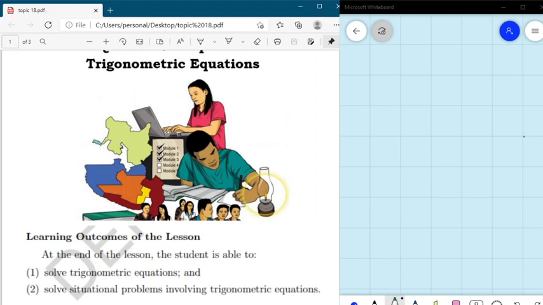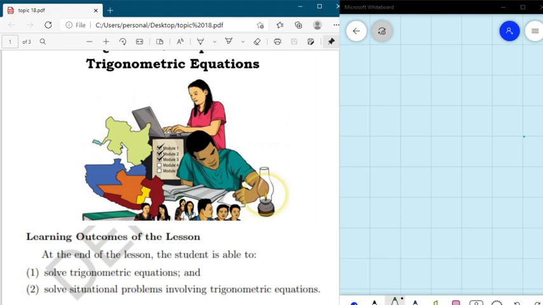Any equation that involves trigonometric functions is called a trigonometric equation. Recall that a solution or a root of an equation is a number in the domain of the equation that, when substituted for the variable, makes the equation true.